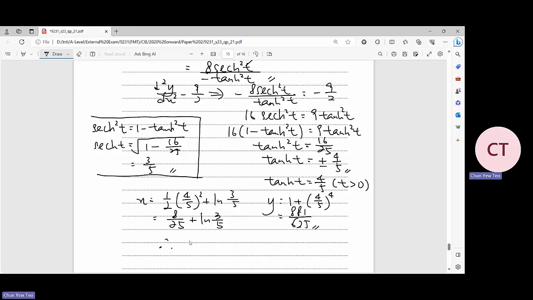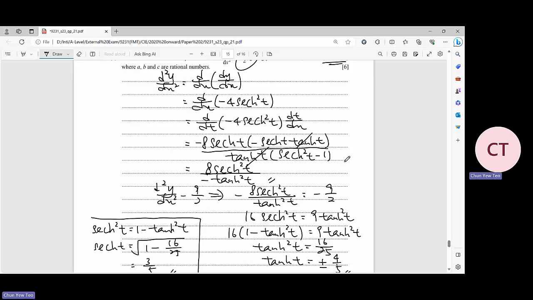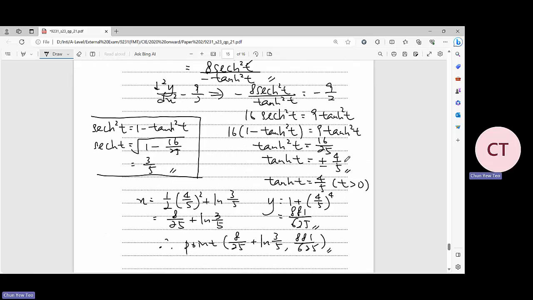Therefore, the coordinate, the point, in exact value form, will be this x and then y. That will give you the second derivative equal to negative 9 over 2. Done. That will be the solution for question C, and that will be the last question of this paper. Let's stop the video here.